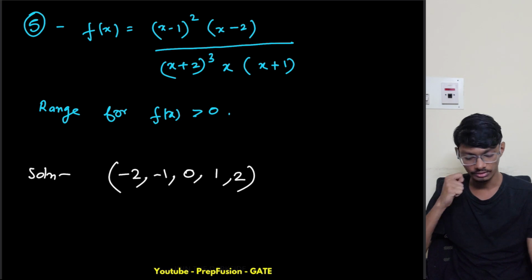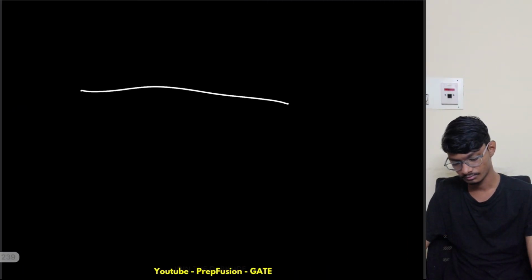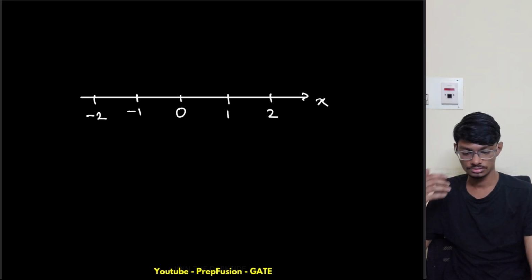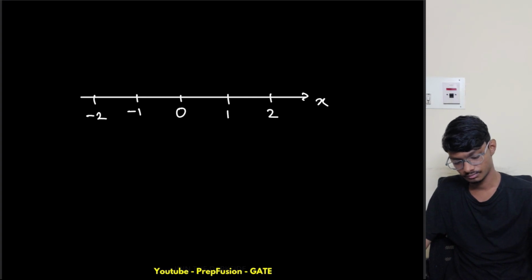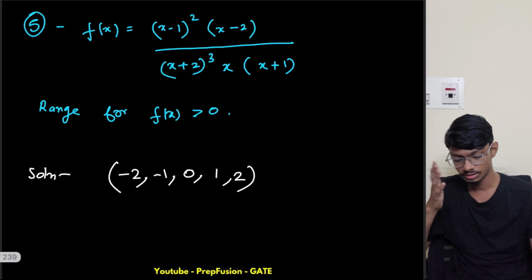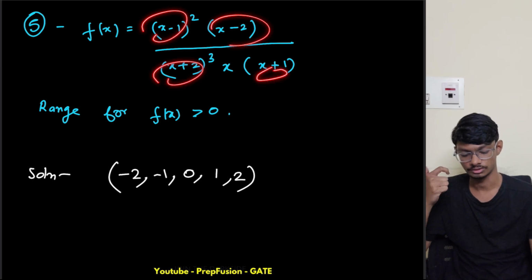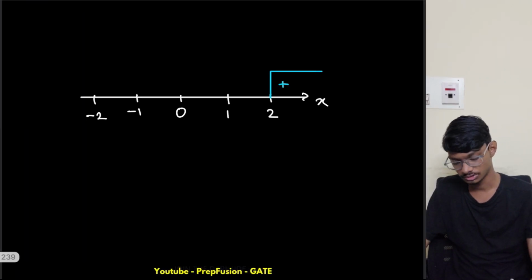So now I will draw the number line: -2, -1, 0, 1, 2, right? For more than 2, we know this is positive only, because everything is positive. It is the maximum corner point, so this is positive only.